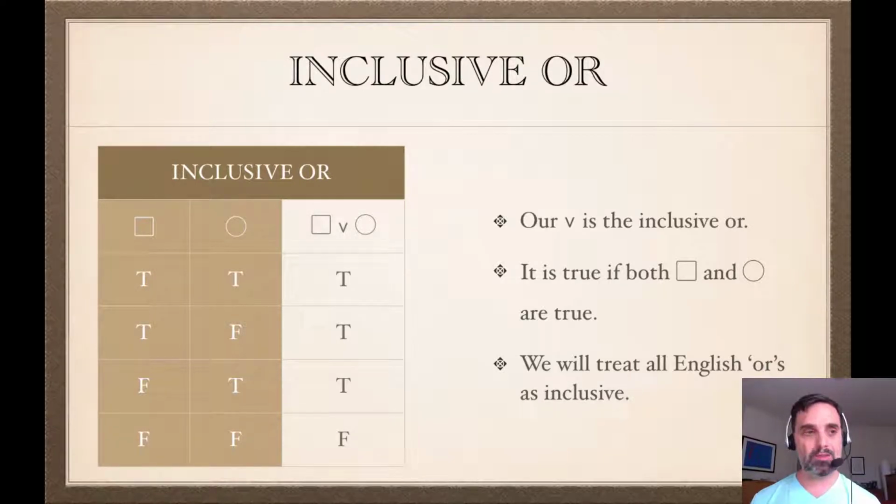And so we're going to give symbolizations that are maybe, in some sense, not perfect. That may be what's going on when we symbolize the English ors with our V symbol. But there may be other things going on. It may be that the exclusion is not part of the literal meaning of the word, but there's something else going on. We're not going to worry about what might be going on exactly. We're going to treat all English ors as if they're inclusive.